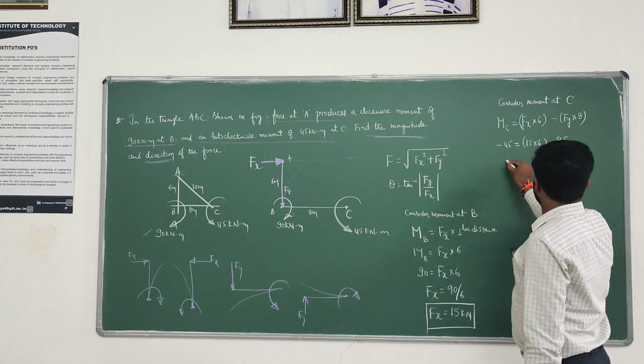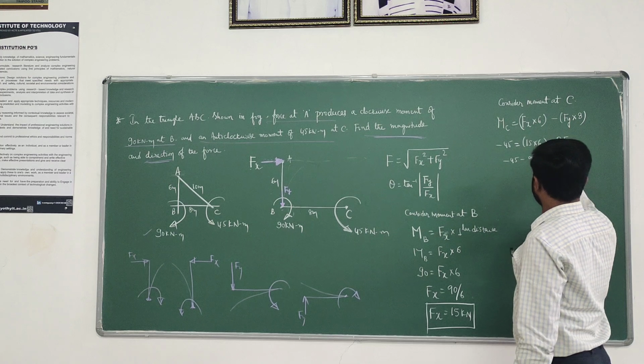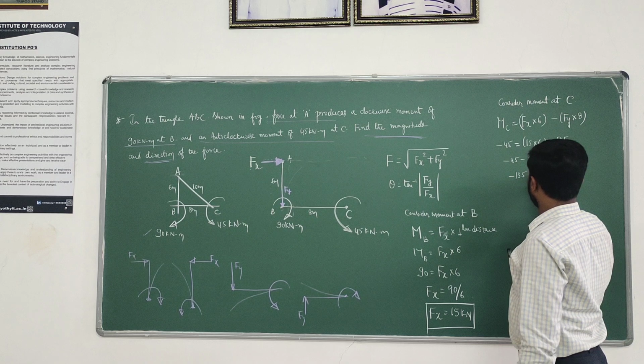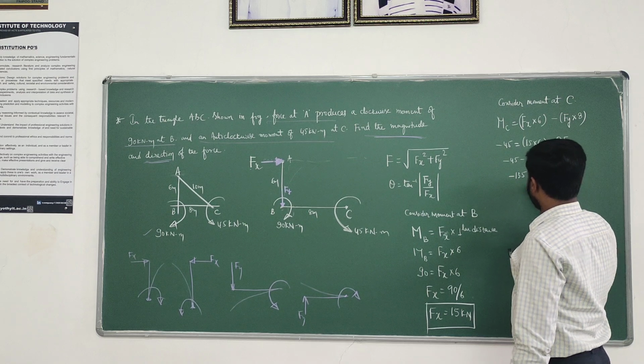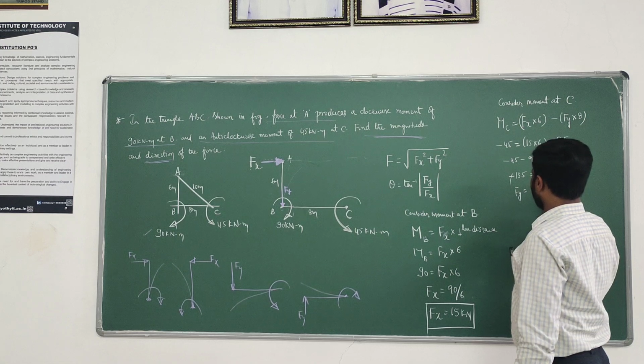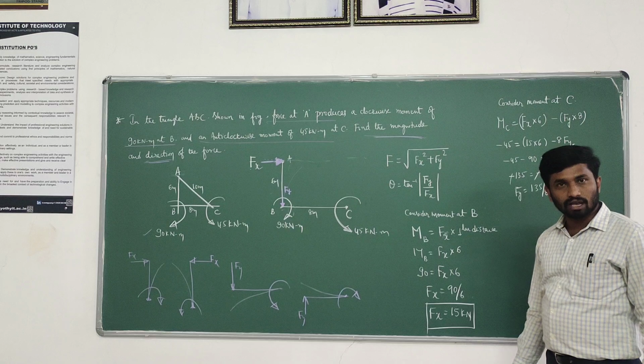Right? So it will become minus 45 minus 90 minus 8 Fy. So minus 135 minus 8 Fy. Minus minus gets cancelled. Fy equals 135 by 8.